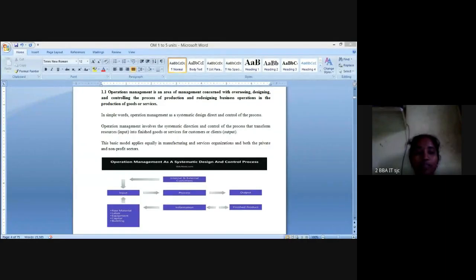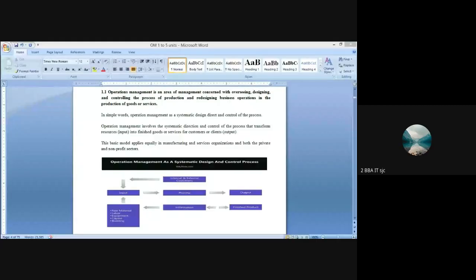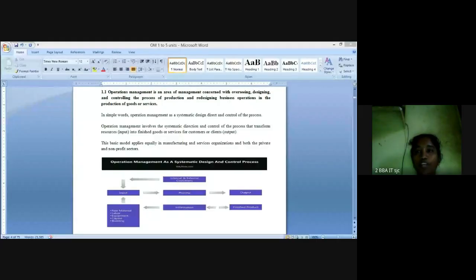Operations management means it is a systematic direction of controlling a process.